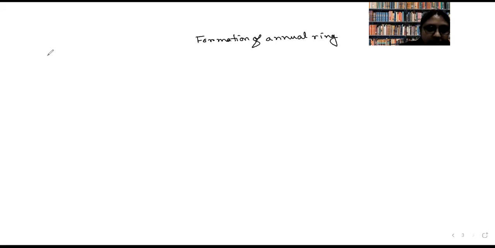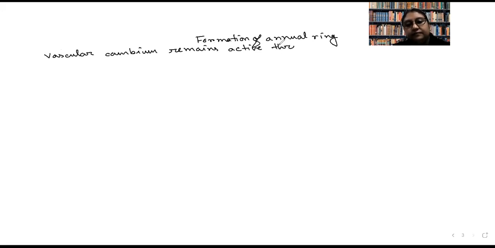So here the vascular cambium remains active throughout the year.